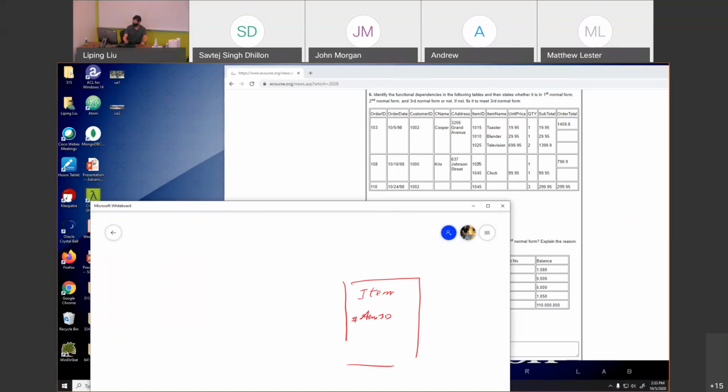Okay, and then we have item name. Let's just say that's required or not optional, does not really matter. And then unit price, and let's just say that is optional or required, does not matter. And then we have quantity, QTY, and let's just say that is also optional or required, does not matter.